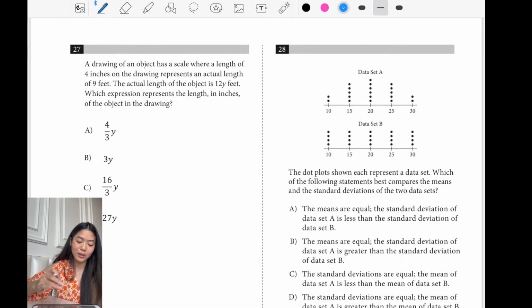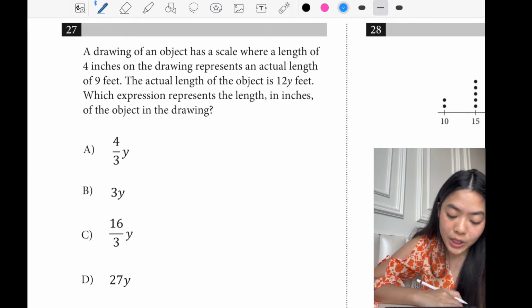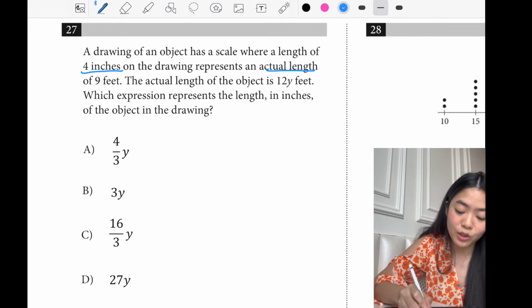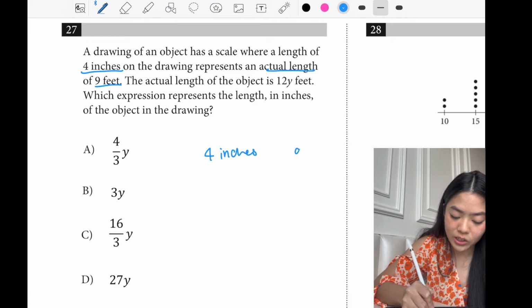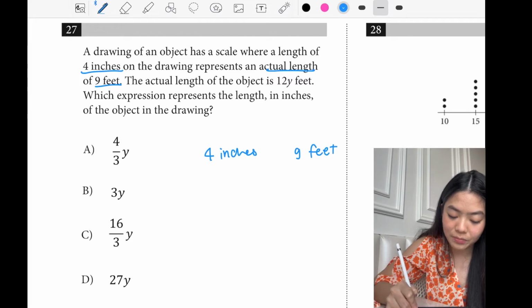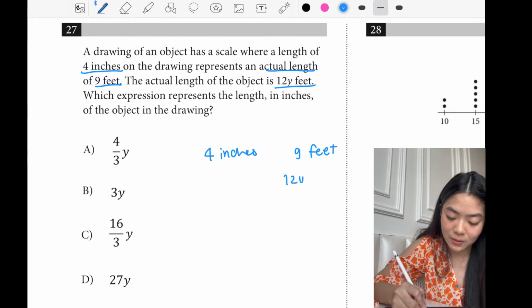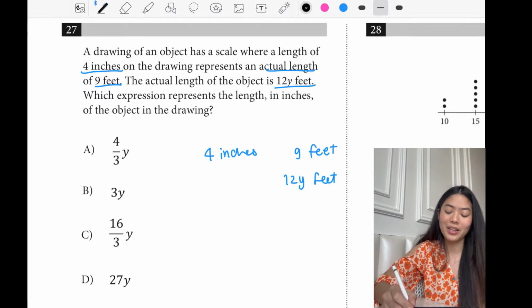Okay, next one, 27. A drawing of the object has a scale where the length of 4 inches in the drawing represents the actual length of 9 feet. So 4 inches, 9 feet. The actual length of the object will be 12y feet. Which expression represents the length in inches of the object in the drawing?